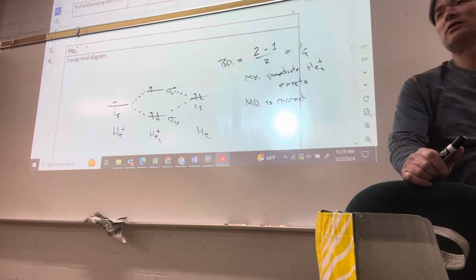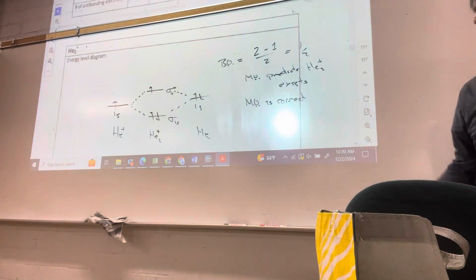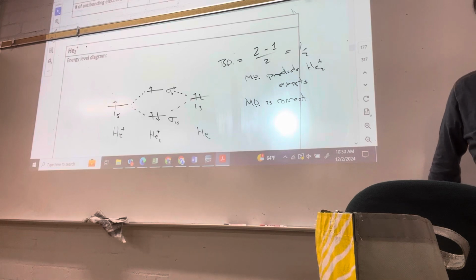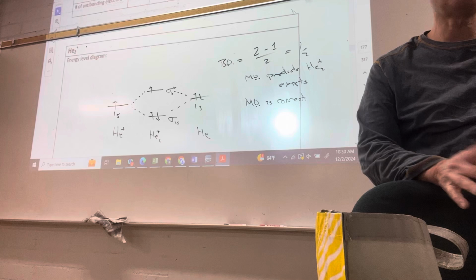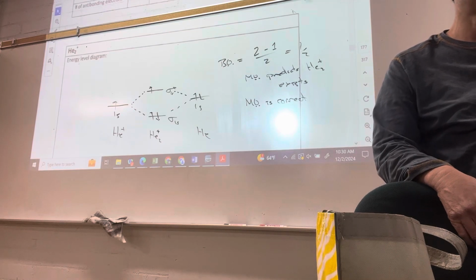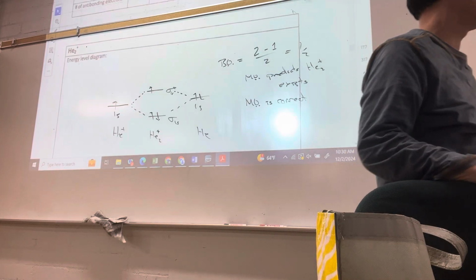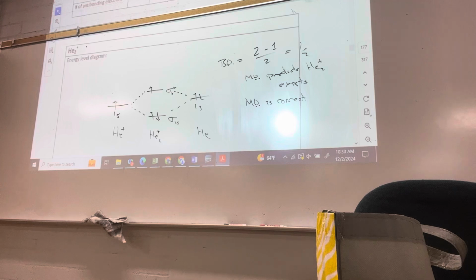And the reason is because sometimes it's not so wrong and sometimes it's very wrong. And the times it's very wrong, we can make a note of it, for exotic species like this and one other species that we'll talk about. But the advantage of doing valence bond is when we look at the electron cloud, it's similar.